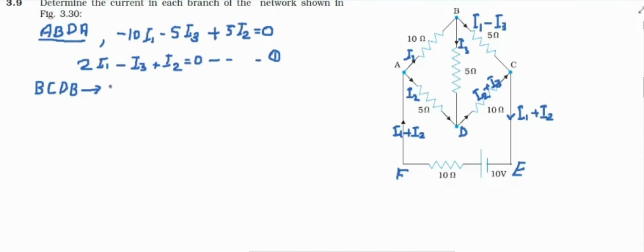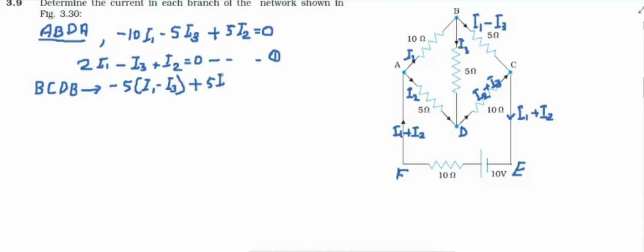Here minus 5 into I1 minus I3, because the current is in clockwise direction in that resistance, plus 5 I3.